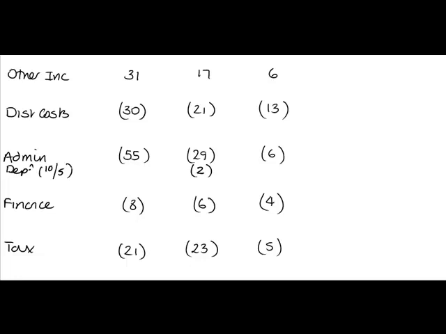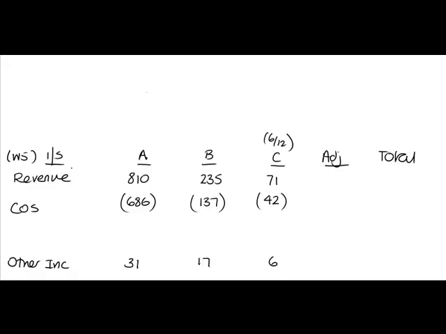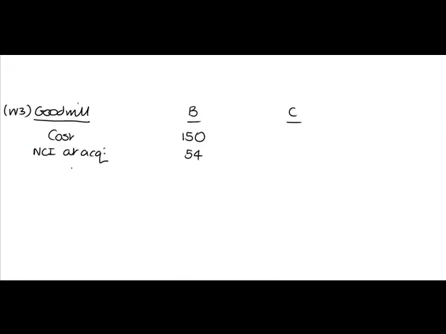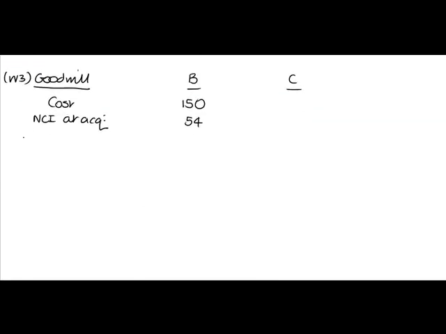We can therefore, at this stage, calculate goodwill, can't we? I'm thinking all the time, this is a hard question. Let's pick up individual marks. He's given us the information because we've got the cost, we've got the NCI acquisition, and we're told the goodwill method. So let's take the net assets at acquisition. That's 160.